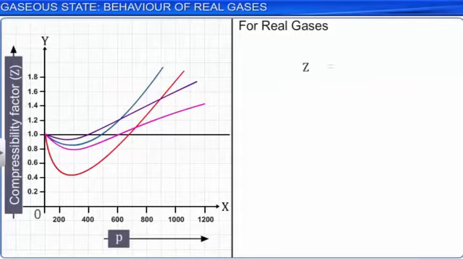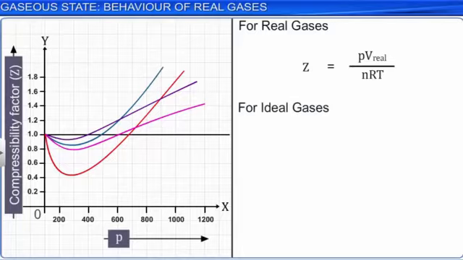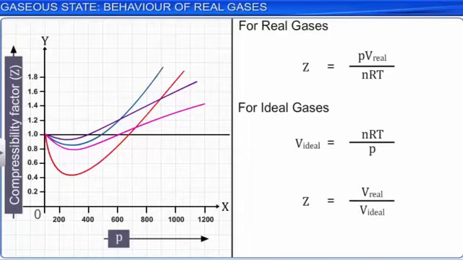If the gas is ideal gas, then V is equal to nRT divided by P. On substituting the value of nRT divided by P in the equation for compressibility factor, we get Z is equal to V real divided by V ideal. From this, we can conclude that Z gives the ratio of the actual molar volume of a gas to the molar volume of it, if it were an ideal gas at that temperature and pressure.